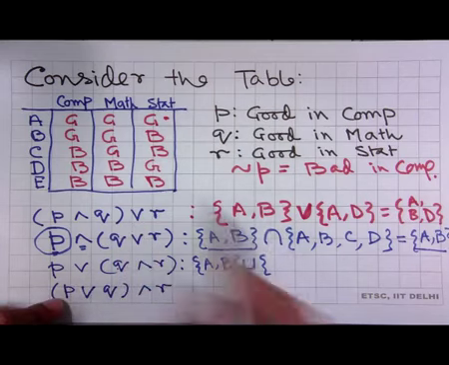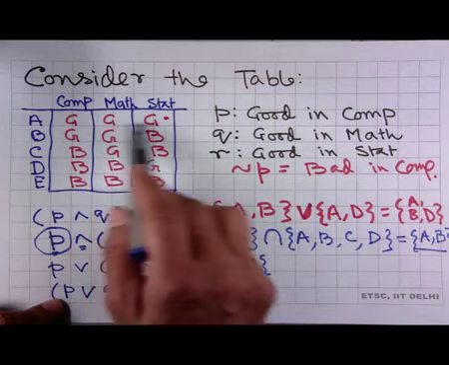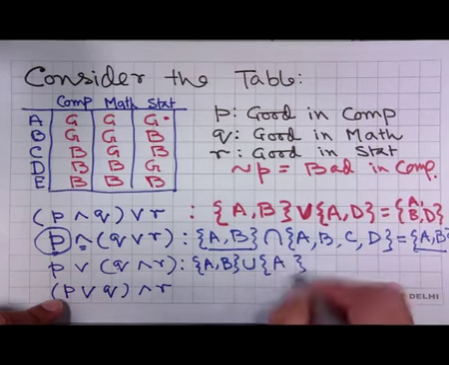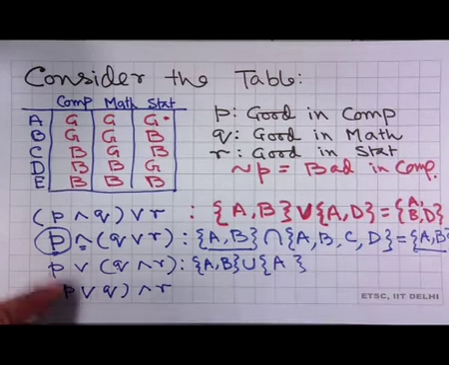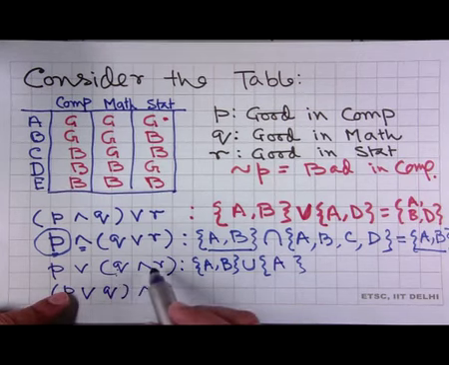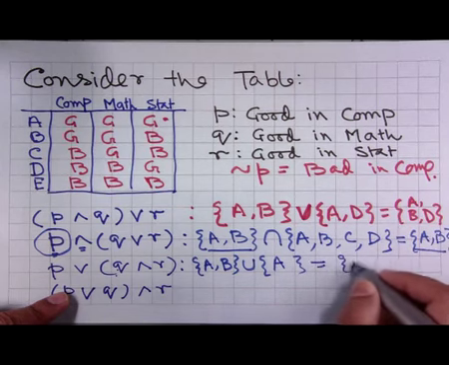So, which are the students who are good in both math and stat? Only A. Only A is good in both math and stat. Therefore, this is going to be only A, B.